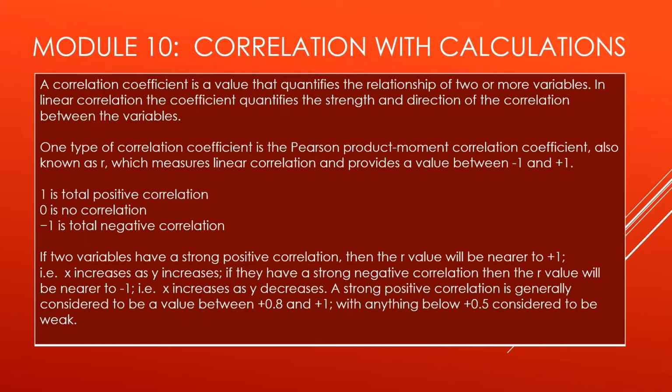So in our next lesson, we're going to figure out if there is a correlation between sales and profits per category. Before we do so, I have to give you some background information on the calculation. So a correlation coefficient is a value that quantifies the relationship of two or more variables.